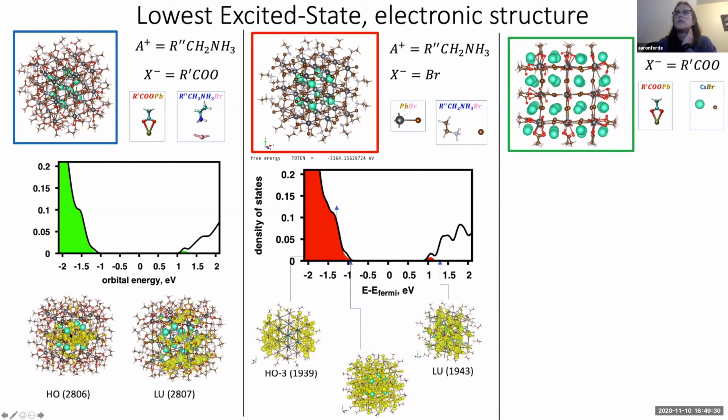The HOMO has orbital density on the lead S and halide P orbitals, and it's distributed throughout the box, or delocalized. And for the LUMO, most of the electron density is on the lead P orbitals, and they're mostly spread out, or delocalized, through the entire model.